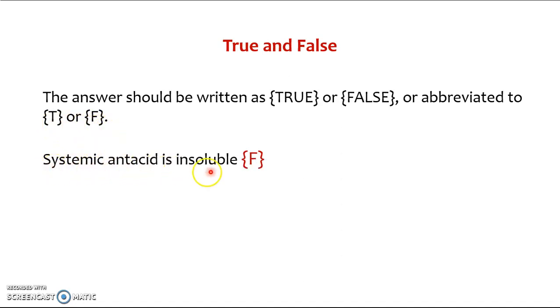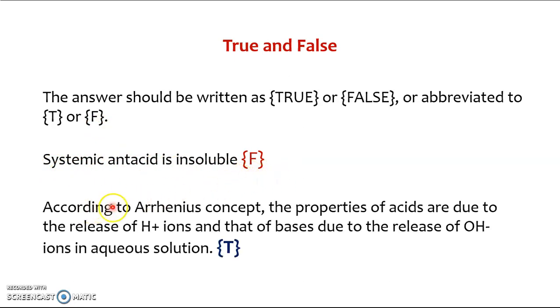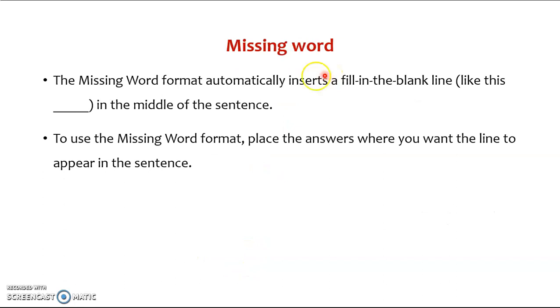For example, this statement is false, so once the statement is completed, just write down capital F in curly brackets. If this statement is true, just write down a capital T in curly brackets. So these are simple formats for true and false type of questions.